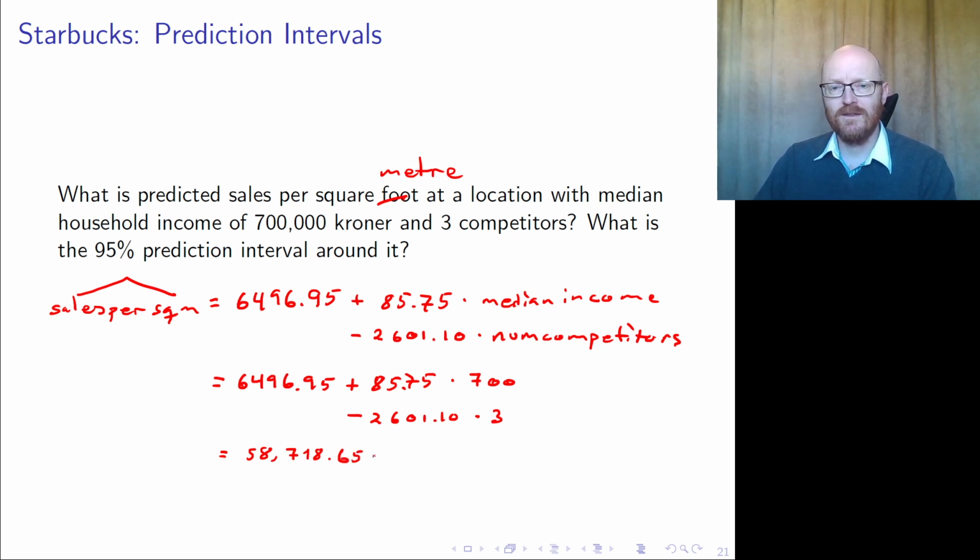So that's the predicted sales per square meter.